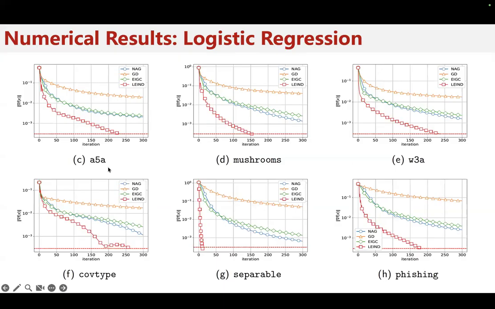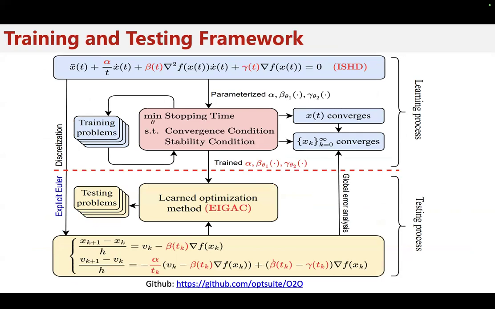So we can show that in our approach, we can outperform the other competitors. Most recently, we are also trying to extend this scenario to constrained optimization, for example, linear programming and quadratic programming, and the performance is also very promising.